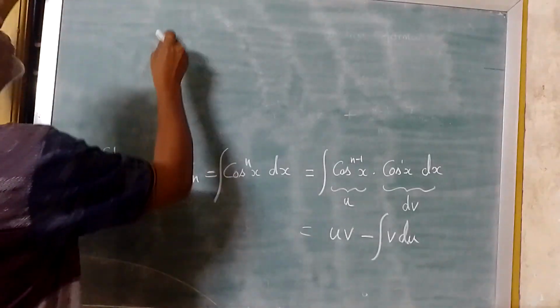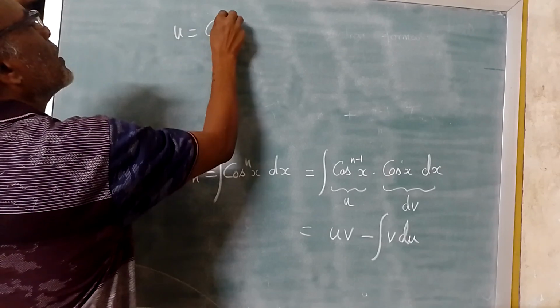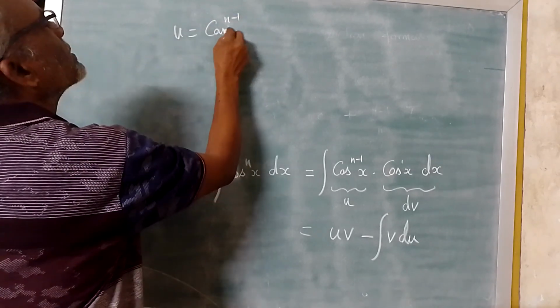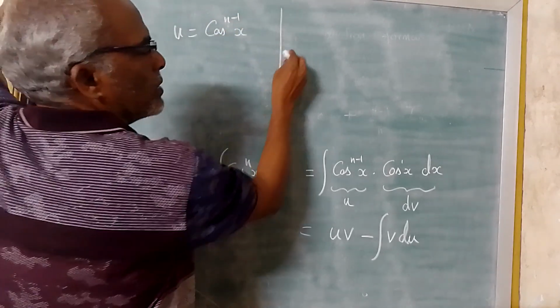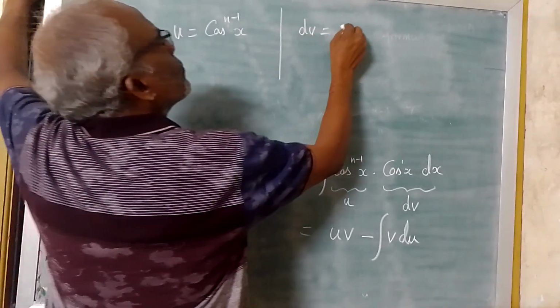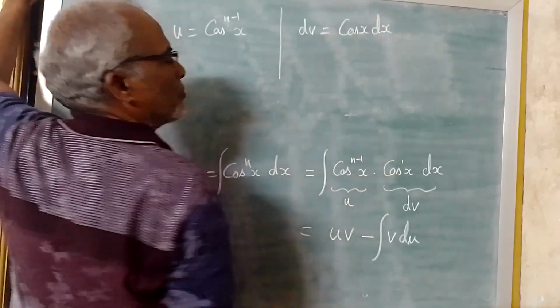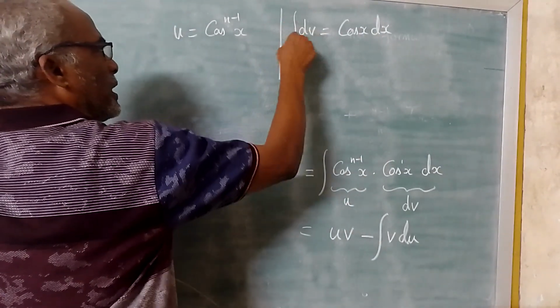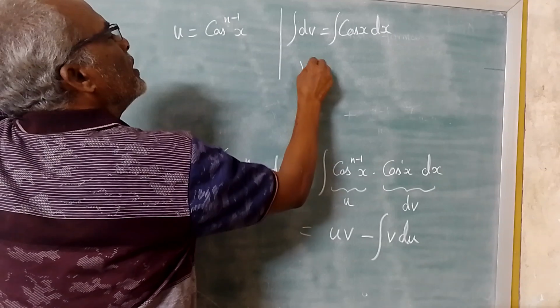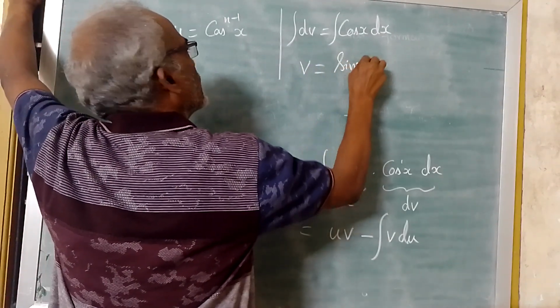Now what is u? u is cos^(n-1) x and dv is equal to cos x dx. Now integrating both sides, this will become v. Integration of cos x is sin x.